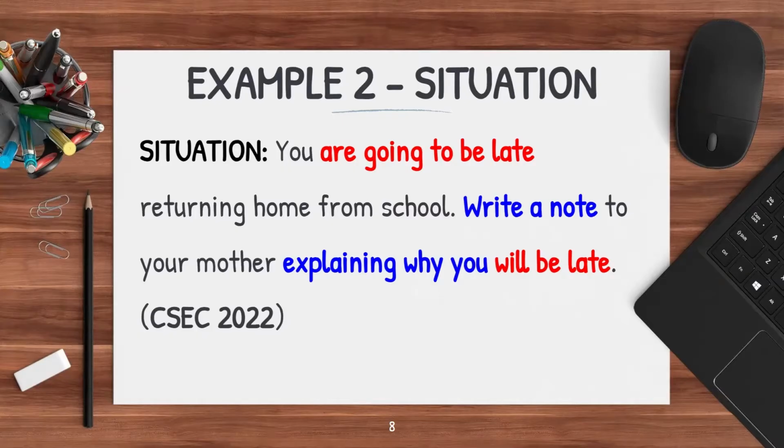This is known as the immediate future, which is still the future tense. So we're talking about the future. Going to be late, will be late. Those are the key indicators that you need to use the future tense in your response. Now, let's look at an example of a possible response.